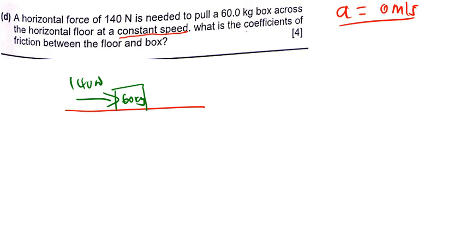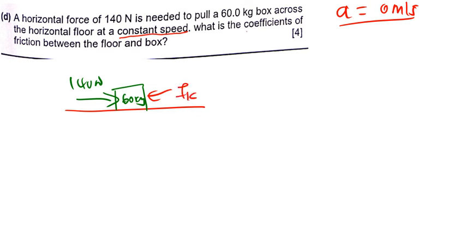Meaning that if there is friction, friction is opposing the motion. Initially, you might think the way I've written this diagram looks more like we are pushing and not pulling, but it's okay, you can leave it like that. So there is a friction force here, which is opposing the motion.